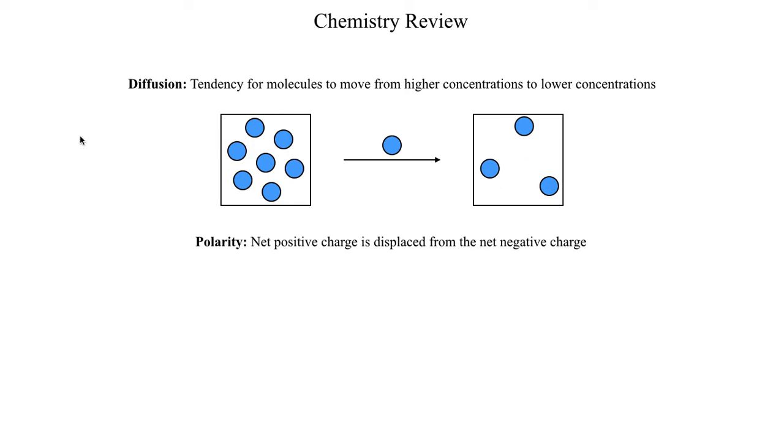And another concept that is worth bringing up is the idea of polarity. If we say that a molecule is polar, then we say that its net positive charge is not co-located with its net negative charge. And by far the most common molecule that we work with that is in fact polar is water.